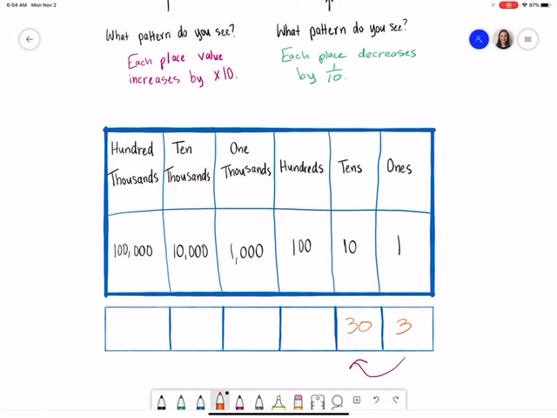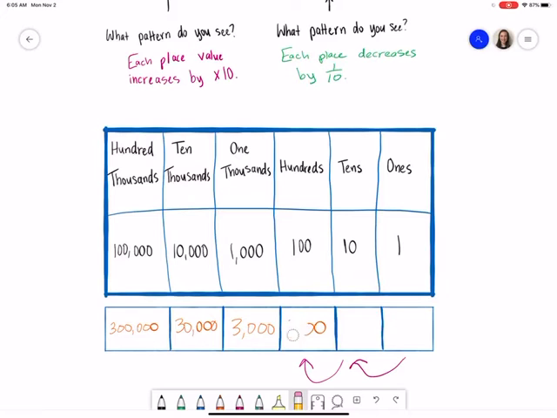What if I were to move up another place value? So we're moving up one more. Would be 300. Keep going, 3,000. What's the next one? 30,000. And the last one? 300,000. Okay, so we increased by times 10 each time.